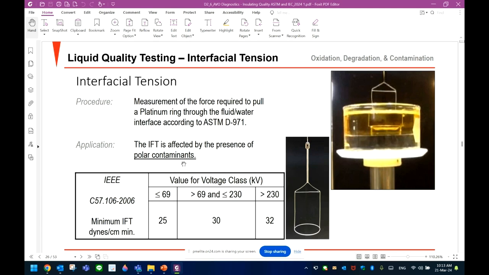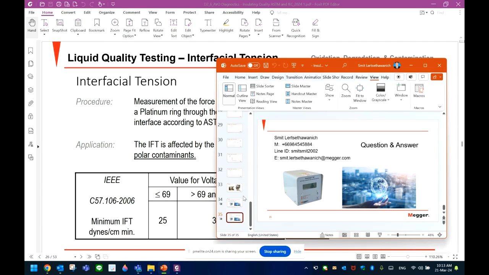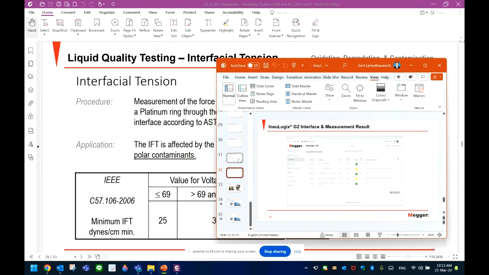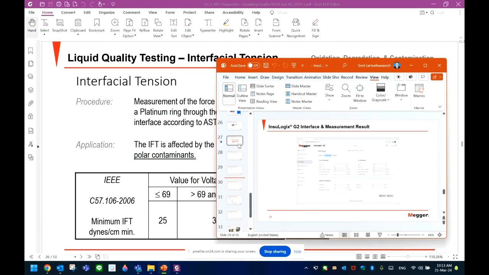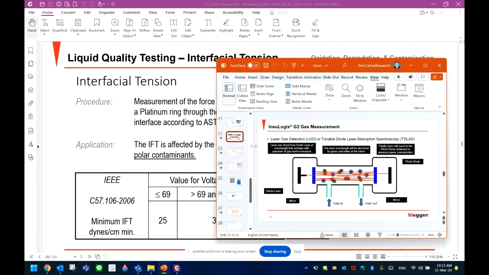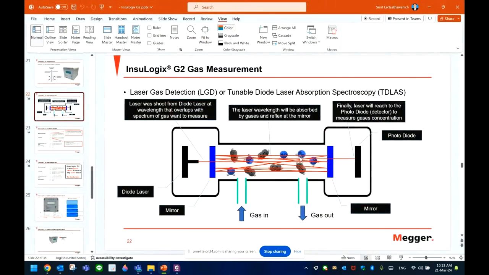But if you have a polar contaminant, such as water, if you go back to see water from my presentation here, the molecule of the H2O here.